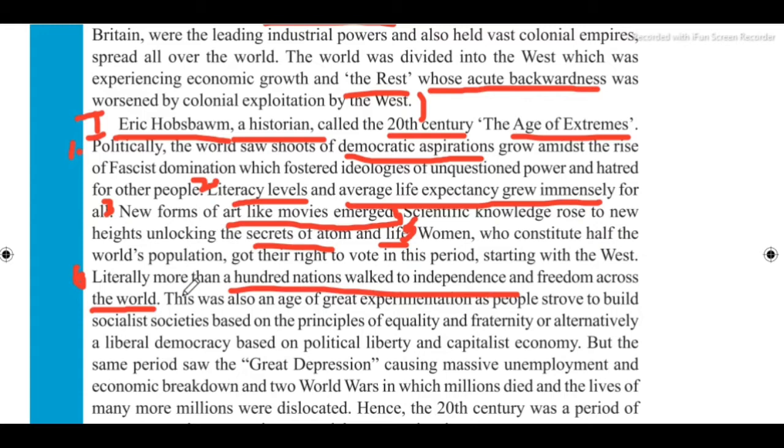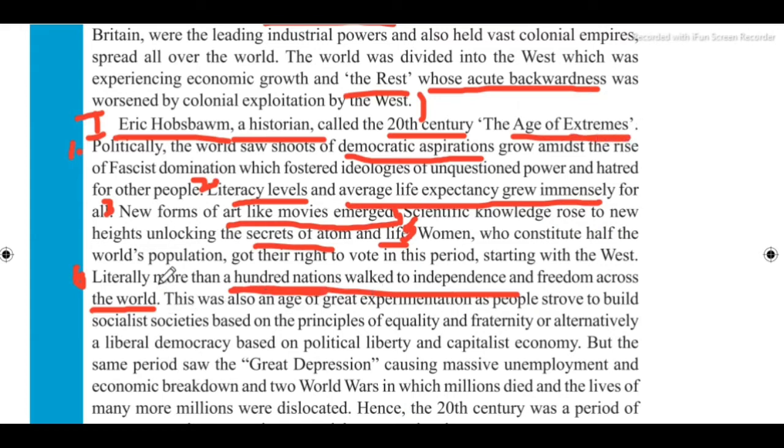After the Second World War, Asia and African countries have just walked to independence. Best example, our own nation, India, neighboring nation, Pakistan, all they got independence. And how many nations walked into independence were? More than 100 nations. This is what extreme beyond the expectation.